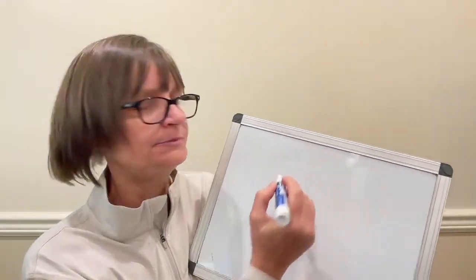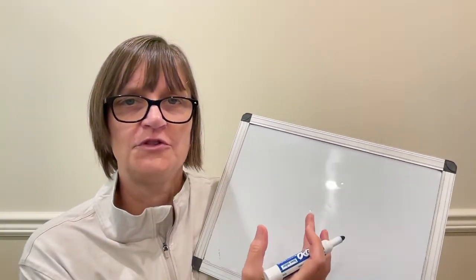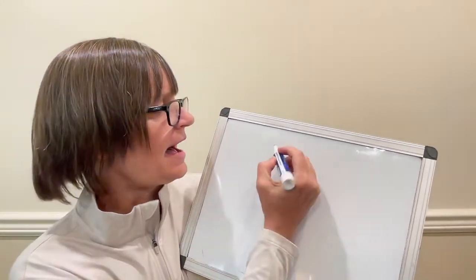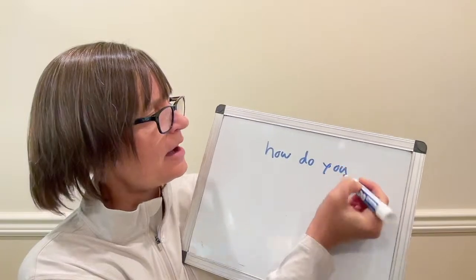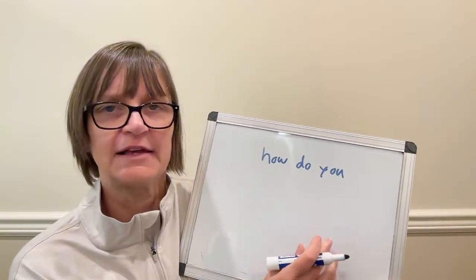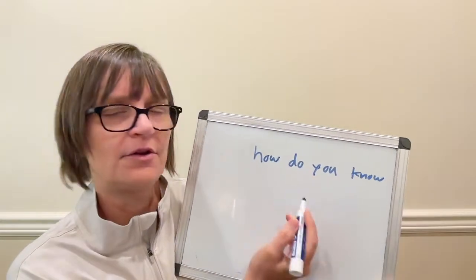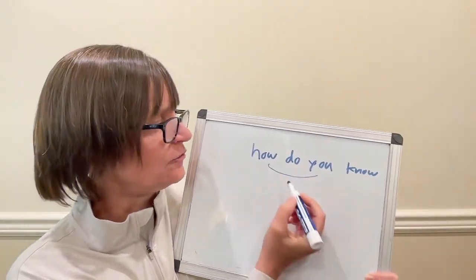Okay, so you also asked about "how do you" and "how did you." Same thing for the "do you" and "did you." Again, if I'm saying "how do you" or "how did you," very clear. If I'm doing "how do you know," this all kind of links together and becomes a little bit reduced in the vowel.